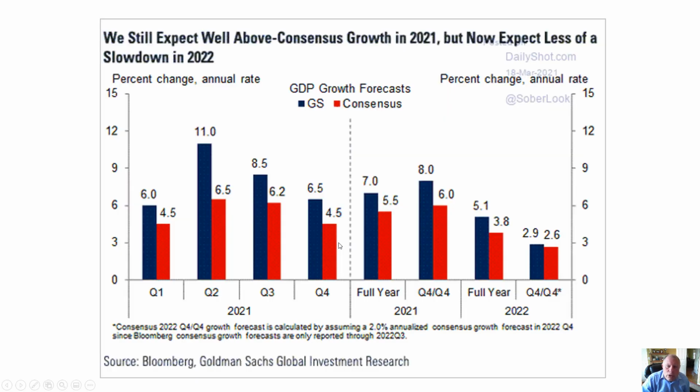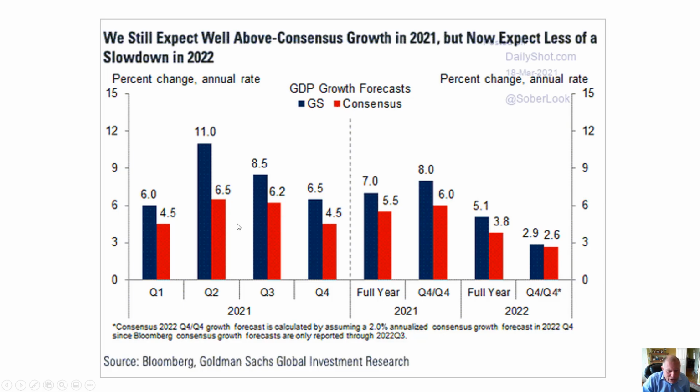Now, this is just a couple weeks ago. It's from Bloomberg and Goldman Sachs together. What we see here is the percent change forecast by quarter, blue being Goldman Sachs, red being the consensus. That's everybody else.